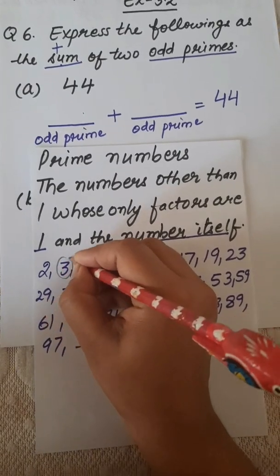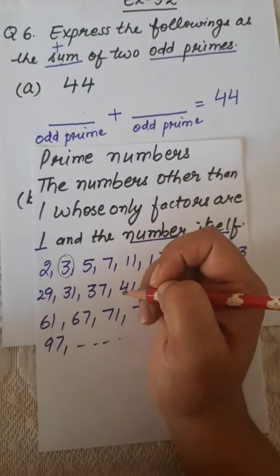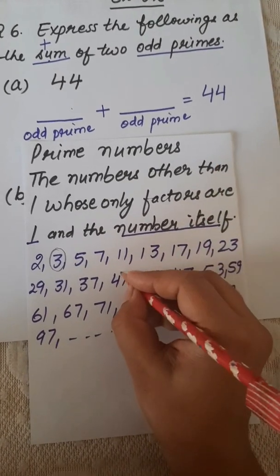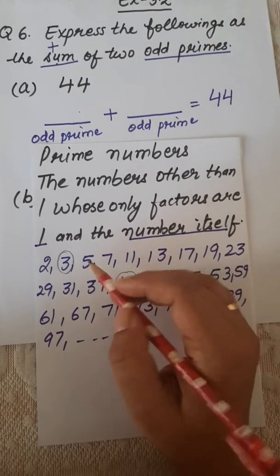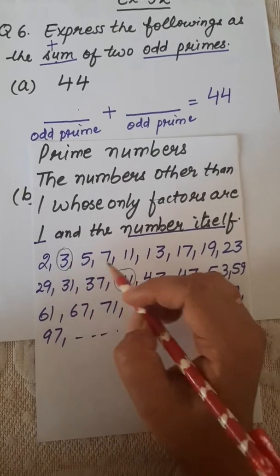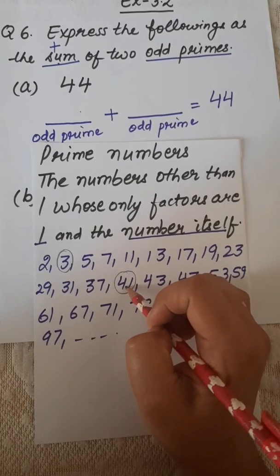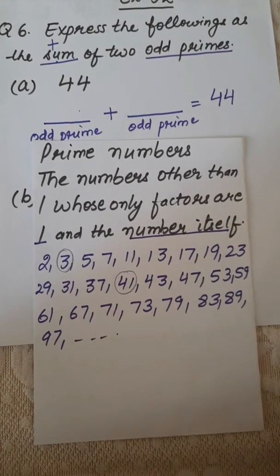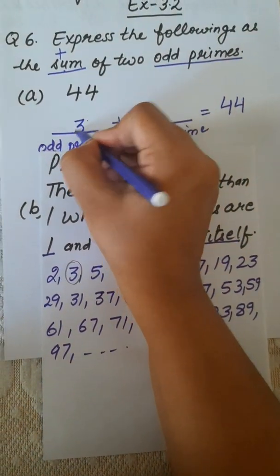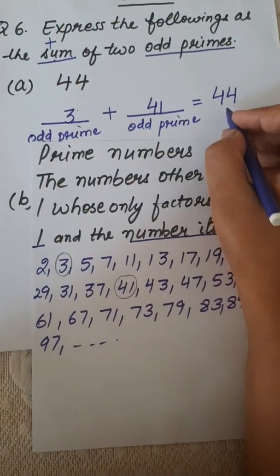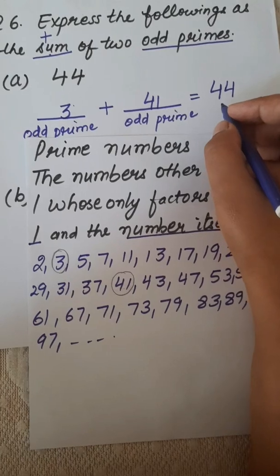Now if I use 3, here 3 is an odd prime, then how to get 44? Let's take 41. Here 3 is an odd prime, 41 is an odd prime. If I add 3 plus 41, I will get 44. You can take any other pair also. Let's find another pair.